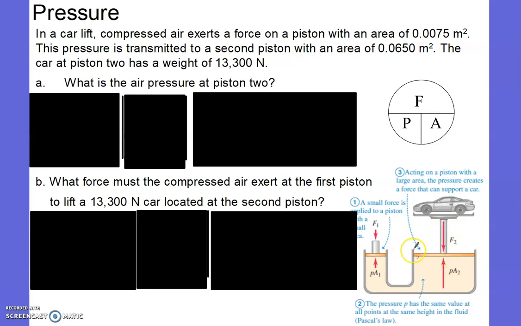That's the piston over here. It's larger. The car on piston 2 has a weight or force of 13,300 newtons. We first want to know what is the air pressure at the second piston at the car.